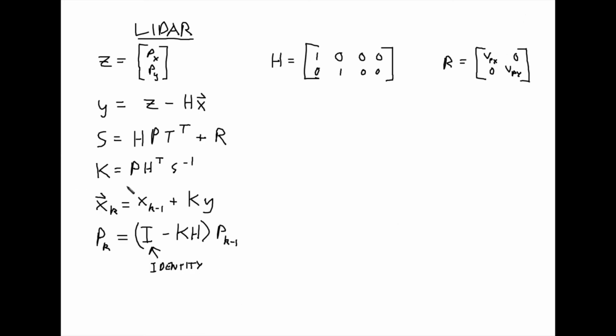So this is my measurement step. I had a previous estimate of where my robot was, and then I took in a measurement, and instead of just taking the measurement's word for it, I can use some of that prior information to give me a little bit more accurate, more precise measurement and a better picture of what my uncertainty is.